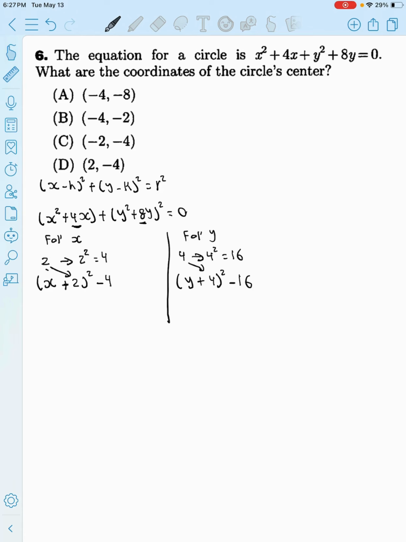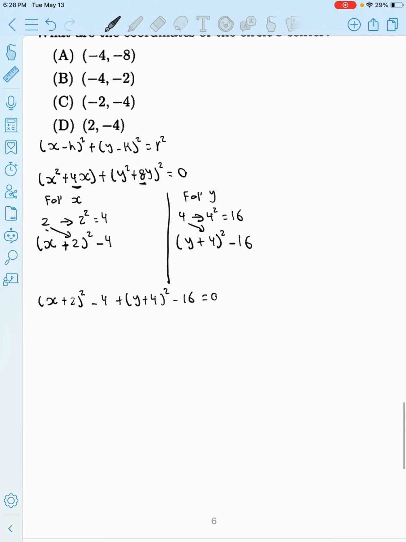Okay, let's put everything again in the equation. x plus 2 all squared minus 4 plus y plus 4 all squared minus 16 equal to 0. See, this looks like the same format as the equation for the circle.